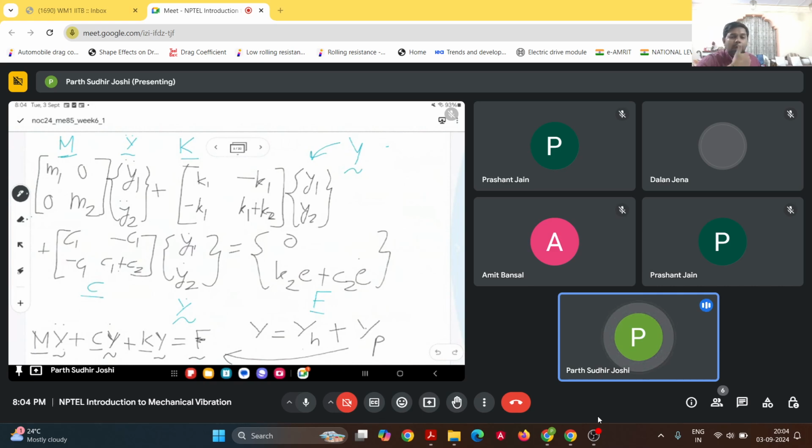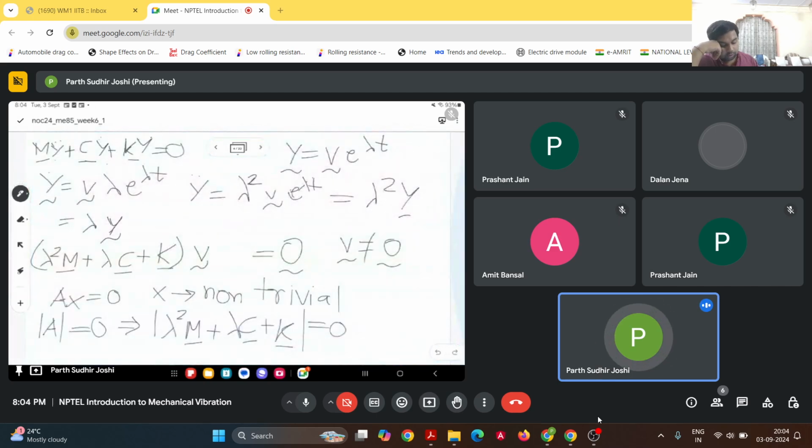We are basically adding the matrices lambda square into M plus lambda C plus K to get the overall matrix, then writing down the expression for the determinant, and equating it to 0 to get the solution for lambda.